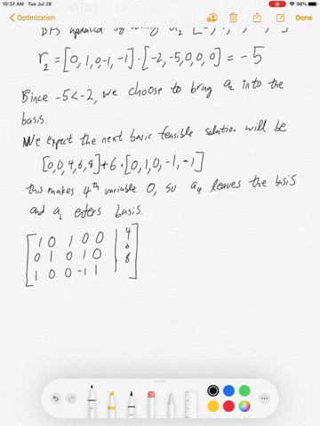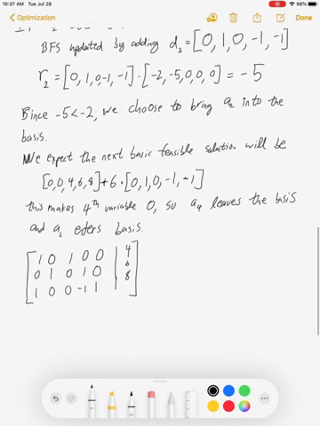So A4 leaves the basis. Whoops, sorry, I copied this down wrong. I knew something didn't make sense. There we go. So A4 is going to leave the basis.